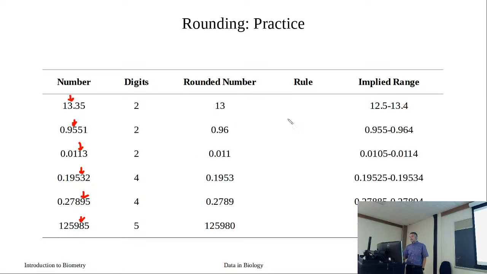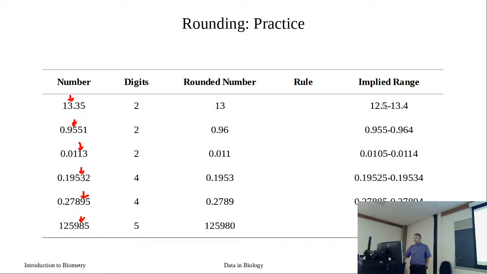Now, the implied range, I'm going to tell you, we will take the easy route. So I'm not going to worry about you adding a 1 after this 5 here. We're just going to say our implied range for 13 means that our number could have been as small as 12.5 and as high as 13.4.